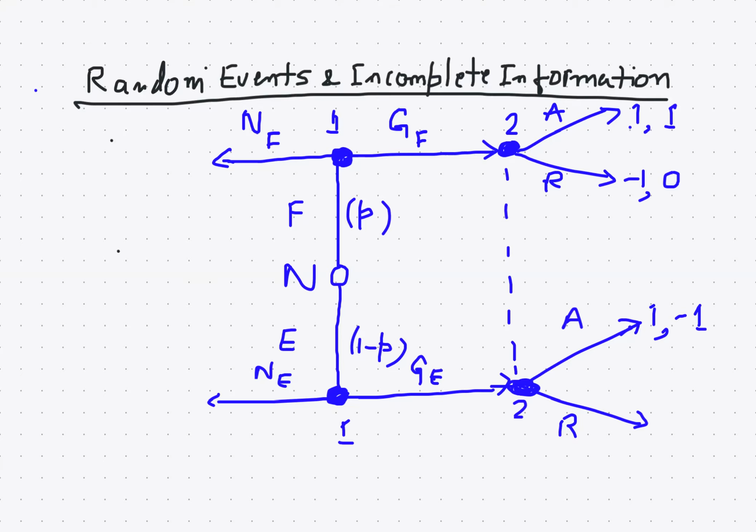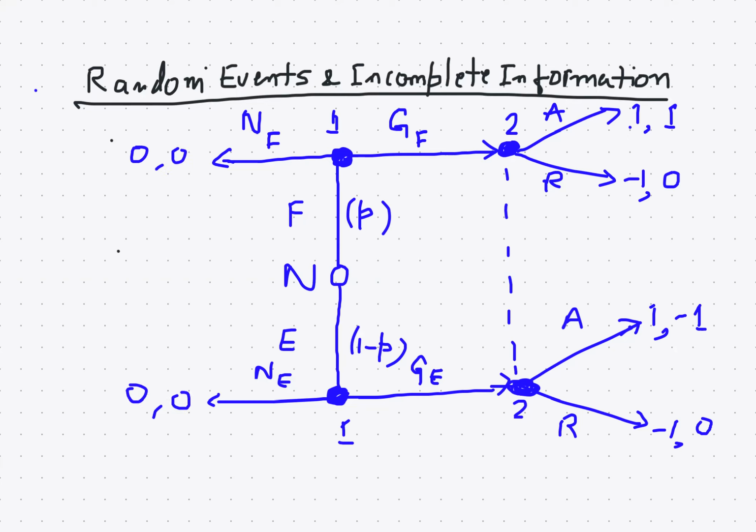Because player one enjoys giving gifts, even as an enemy type, and it's accepted, he's happy. If player two rejects, then player one is worse off, and player two gets 0. And if player one does not give a gift, the payoffs are 0 and 0.